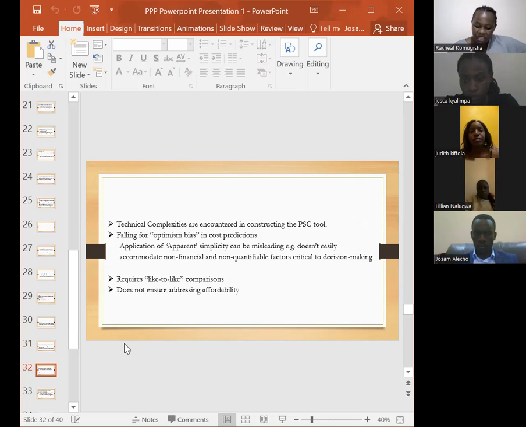It is also very time consuming because of certain principles that must be followed in making comparisons from different points of view. Then it also involves technical complexities, which require knowledge, abilities and skills.